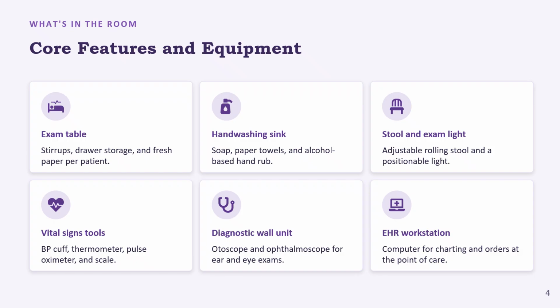Mounted on the wall, you will usually find a diagnostic unit with an otoscope for the ears and an ophthalmoscope for the eyes. Finally, the computer or electronic health record workstation lets the provider chart, place orders, and pull up education for the patient right at the point of care. Your job is to keep all of this stocked, charged, calibrated, and ready so that when the provider enters, nothing slows down the visit.